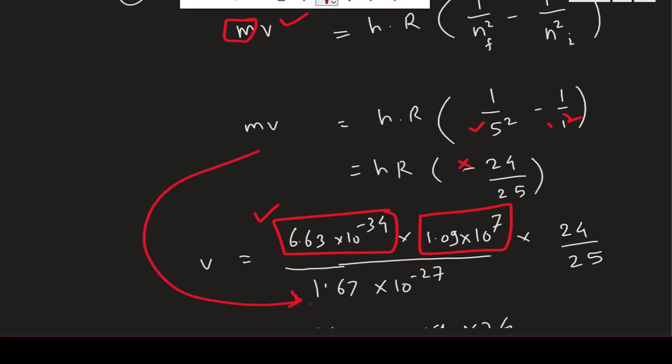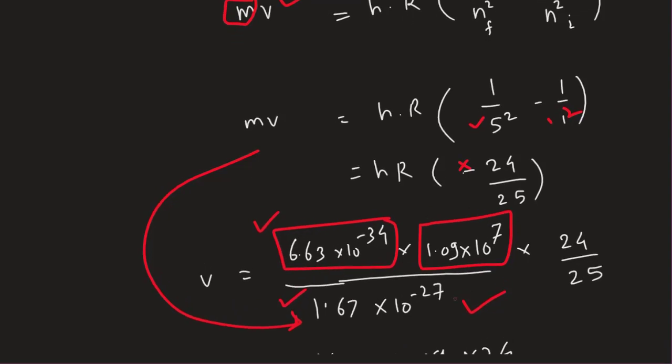Hydrogen's mass is 1.67 into 10 raised to minus 27. Sometimes they don't provide the mass of hydrogen, especially for the hydrogen atom, so you need to remember those values. Along with that, you also need to remember the electron's mass. But in our example, we just need the mass of hydrogen, so we plug in that value.